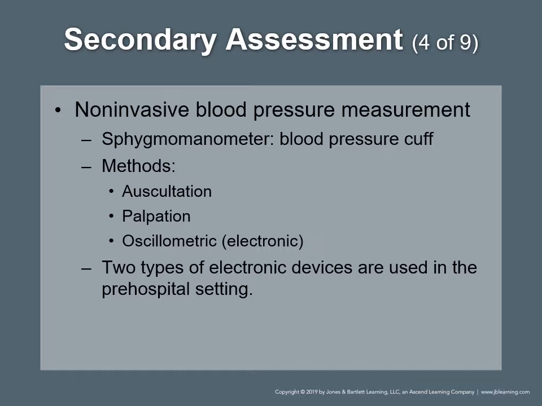Sometimes in high noise environments where you can't auscultate correctly, we get a palpated blood pressure, and I've showed you how to do that, where you assess the radial pulse, keep your fingers on it, inflate that blood pressure cuff, and let it go down slowly as you watch that gauge.